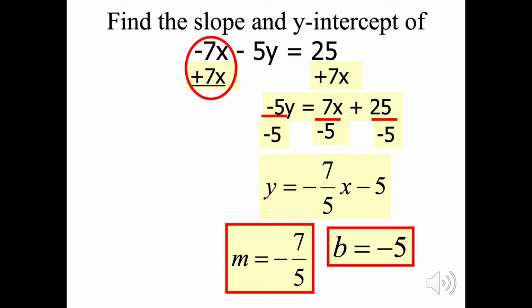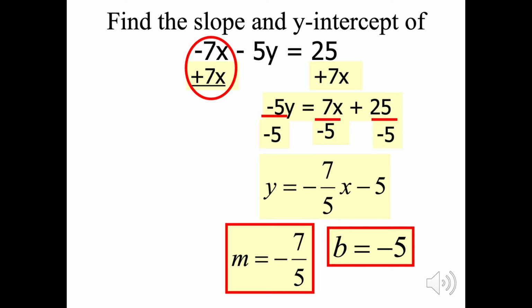Here's one more example of the y equals mx plus b formula. As you can see, it's similar to the last equation, there is a negative 7x in front of the y. We can simply remove that by adding 7x to the left side and adding 7x to the right side.